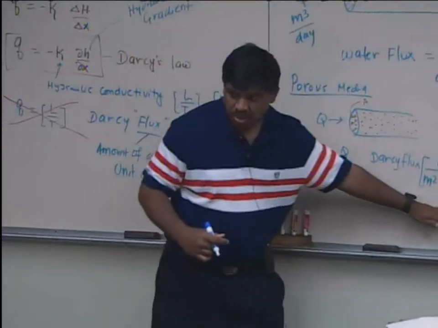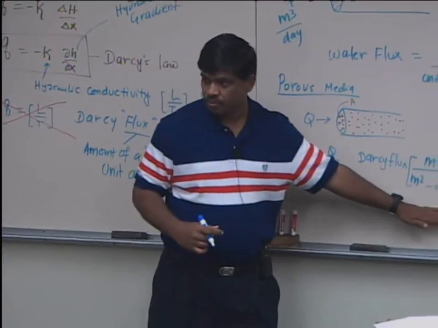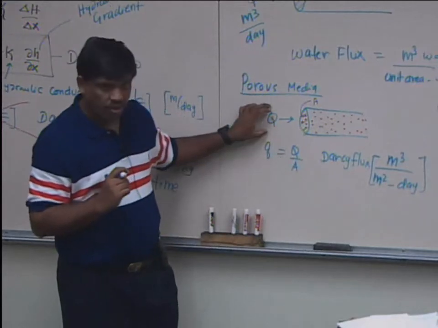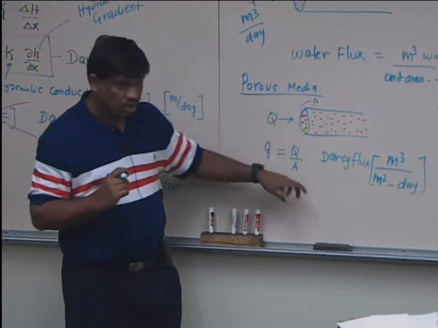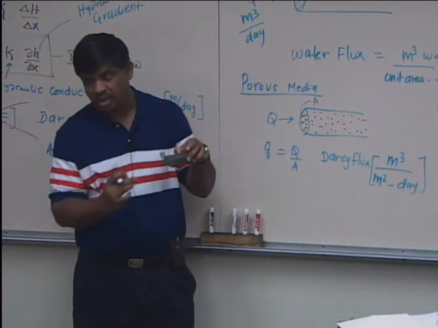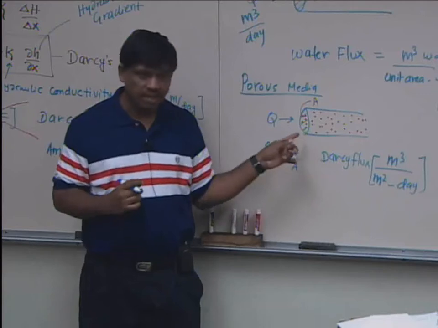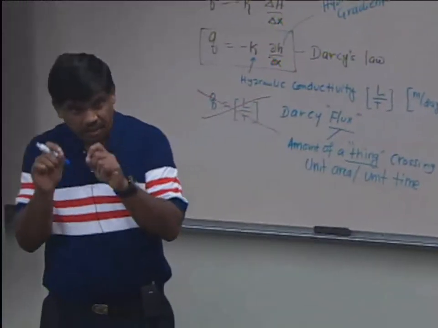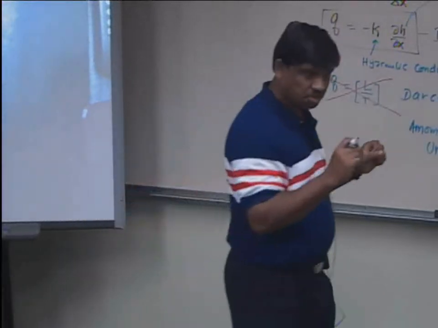So we're going to keep this unit always. The Darcy flux is the total flow rate divided by the total area. So here's my column, and I'm assuming the entire area. But does the flow occur through the entire area? No, it's only occurring through this little porous space.